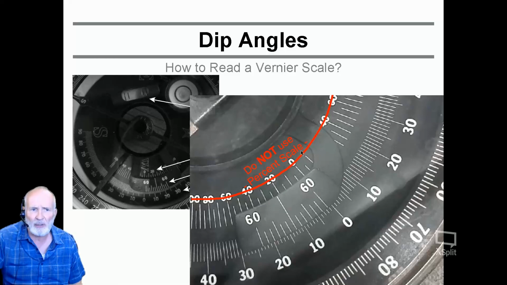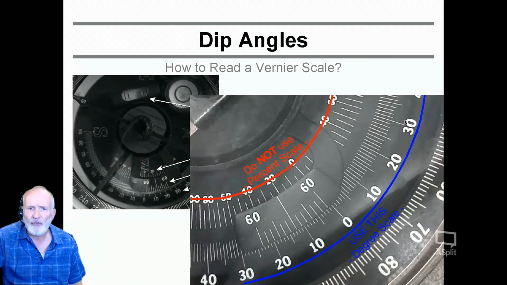This is what engineers would be using. So we rarely use a percent scale, so you can kind of ignore this one. But what you will use is this one here. That is my degree scale, and we want to give the dip angles, if we ever do them, in degrees.